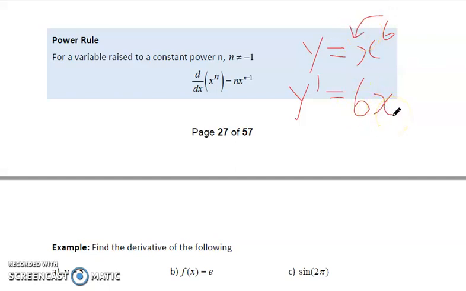And that might look familiar to some of you, as there's a logarithm rule very similar to that, a law of logarithms, but it's not quite the same thing in this regard. Now, according to the rule, the power is 6, but you subtract 1 from that power, and so the power turns into 5. The derivative of x to the power of 6 is 6 times x to the power of 5.